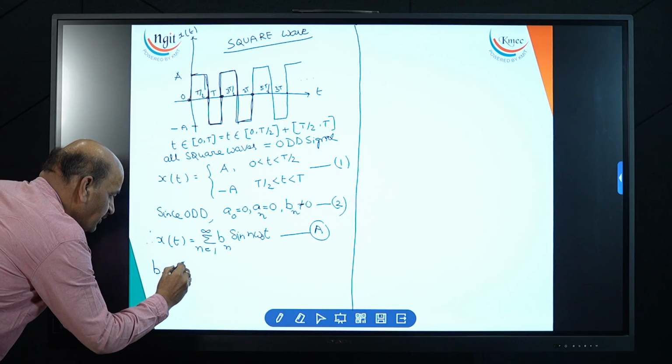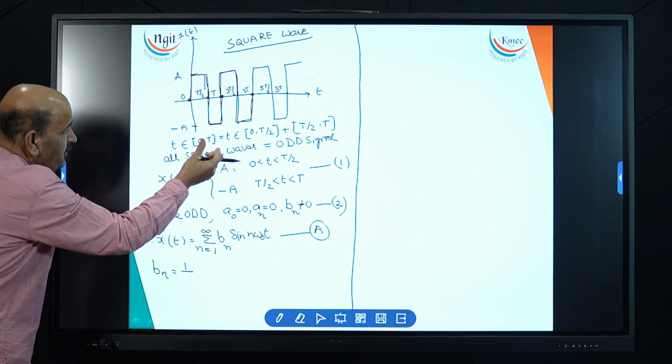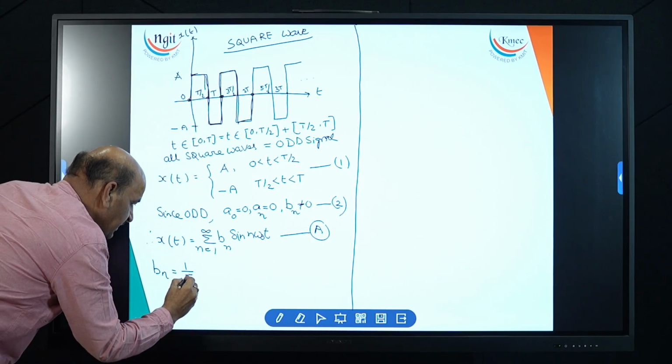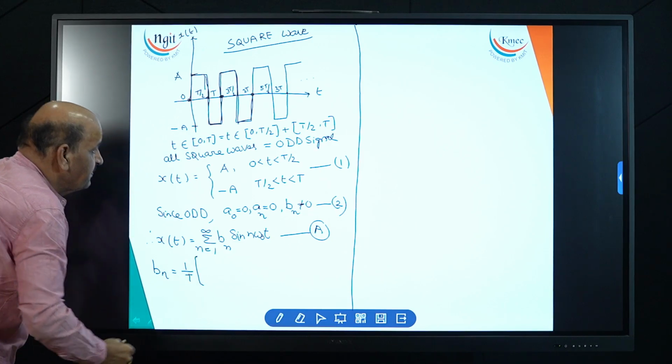The bn value equal to 1 by T, the total width being T. Here just look at.